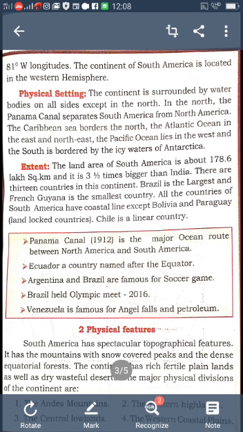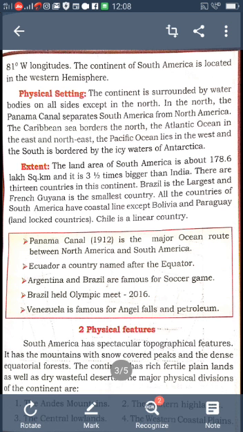Andes Mountain. The Andes Mountain is the longest mountain range in the world, running a distance of 6,440 km along the Pacific coast. Many earthquakes and volcanoes are found in the belt due to the presence of the Pacific Ring of Fire.